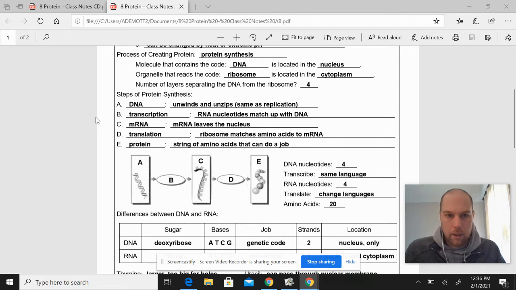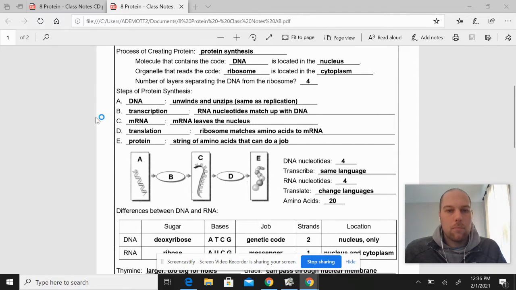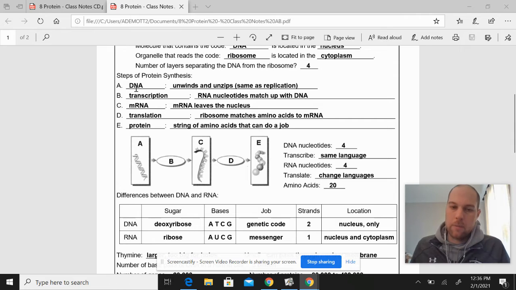the outside world. Here you have the major steps. I'm going to go through a couple of diagrams and draw some stuff to give you an idea of how protein synthesis works. You start with DNA.